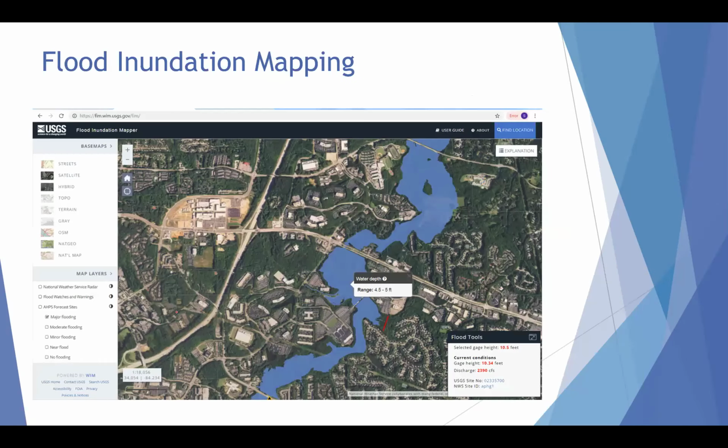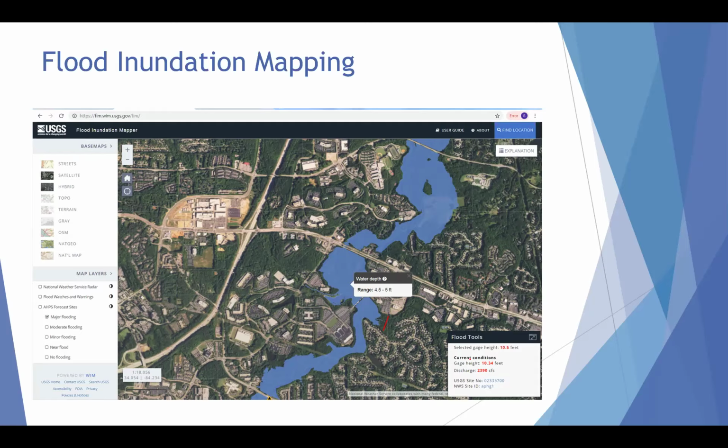You can browse this website, the USGS Flood Inundation Mapper, where for any specific river and any location you can get the water depth. They provide real-time data, that is, expected water depth and discharge.